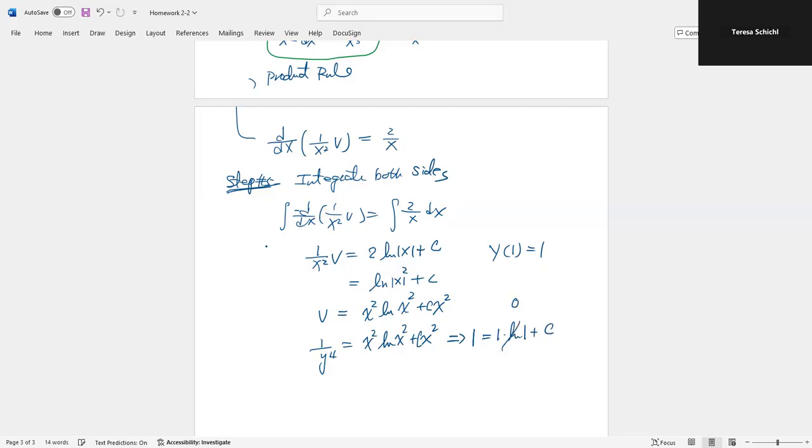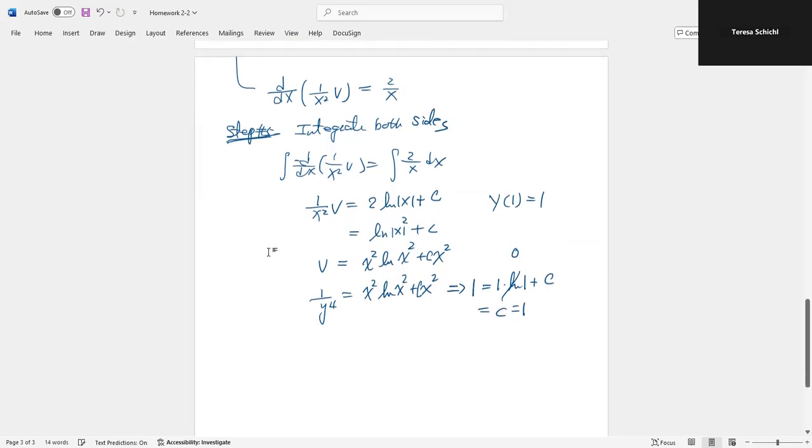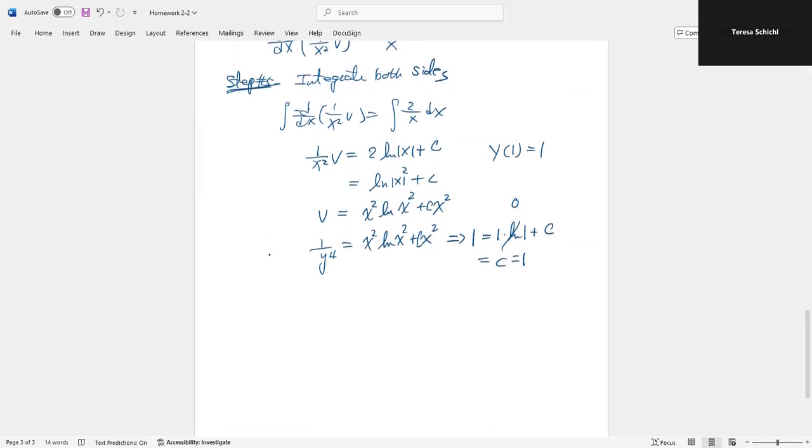This one becomes 0, so c is 1. So finally, we got our answers, right? So we said 1 over y to the fourth is equal to x squared ln x squared plus x squared. Or I can say it's x squared times ln x squared plus 1.